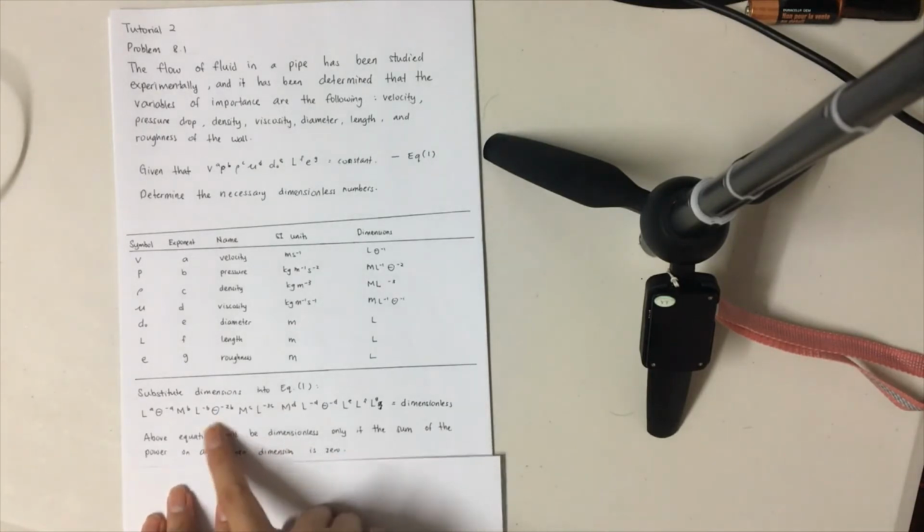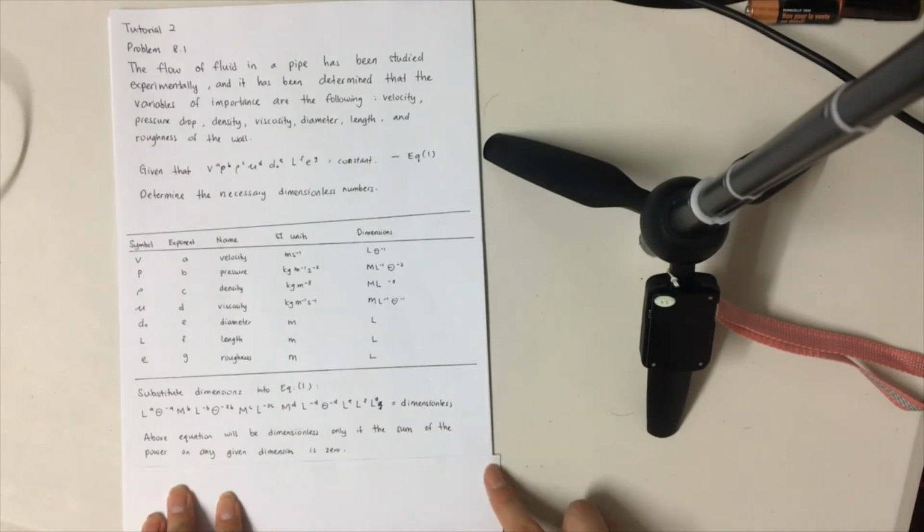So the above equation will be dimensionless only if the sum of the powers on any given dimension is 0.